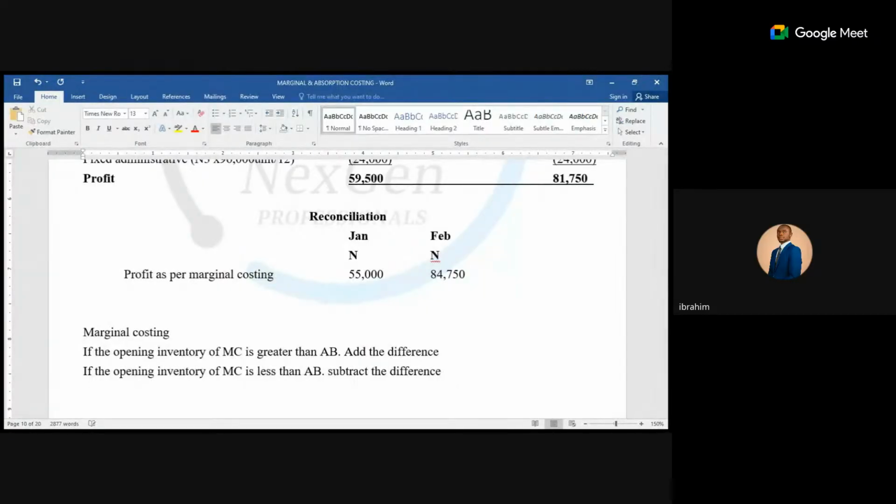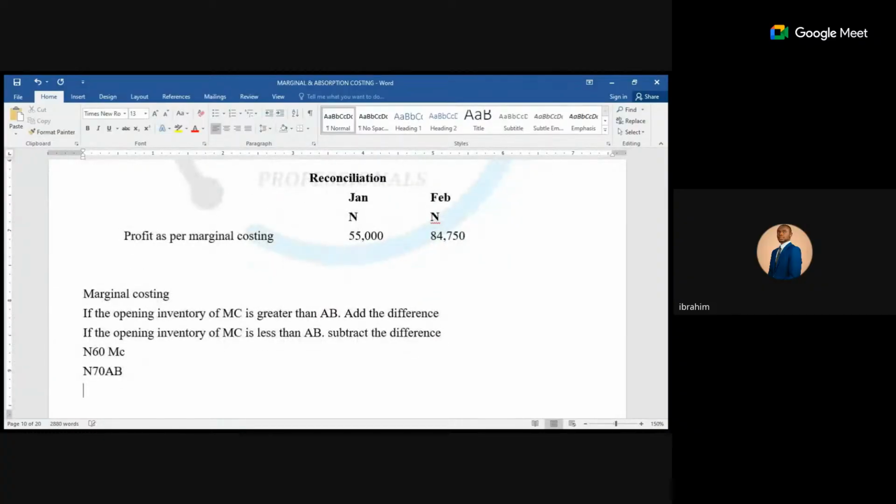Now, what it means is that if the marginal costing opening inventory is 60 and the absorption costing, let's say, is 70, what is the difference?